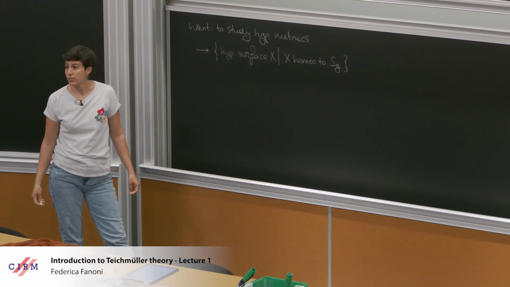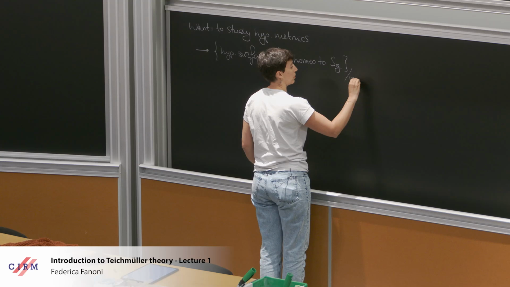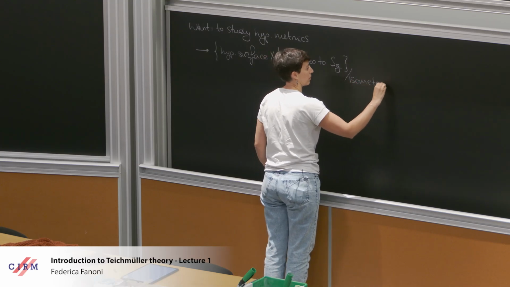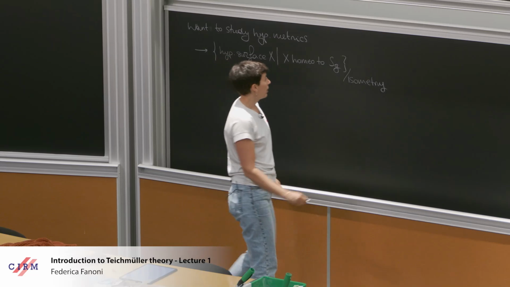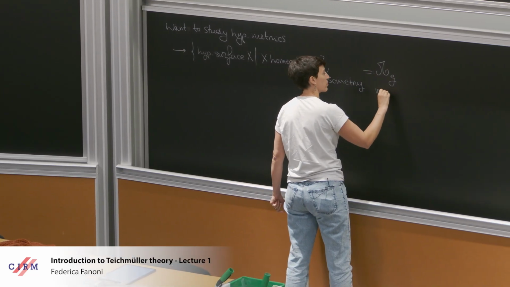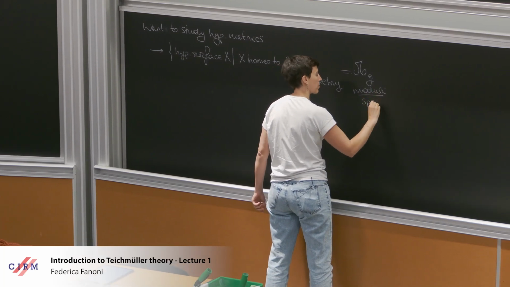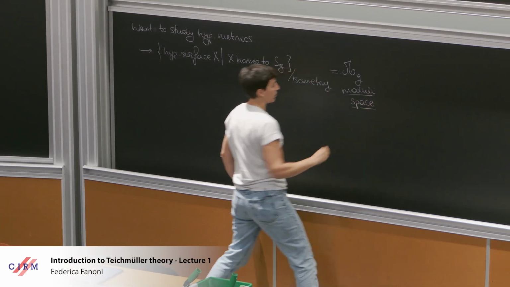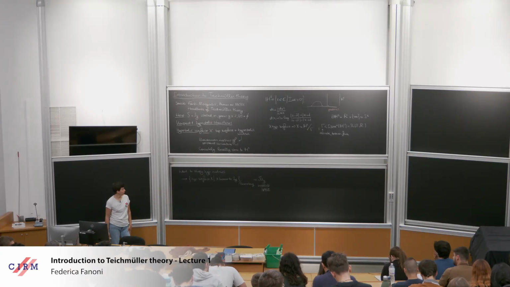And we usually just care about these things only up to isometry. Otherwise, you can create many, many copies of exactly the same surface. This is what is called moduli space. This is something that many people want to study.